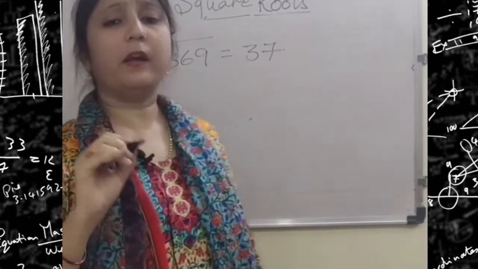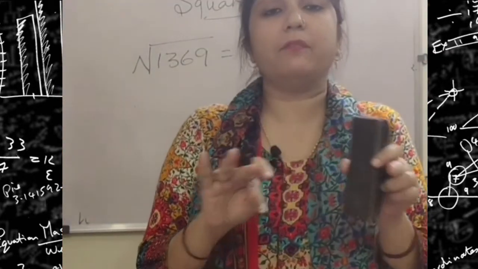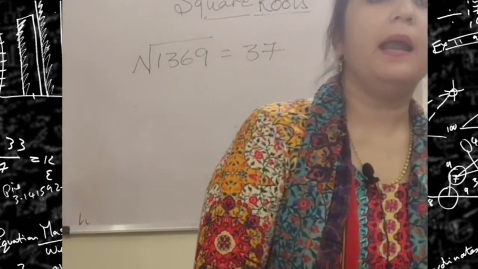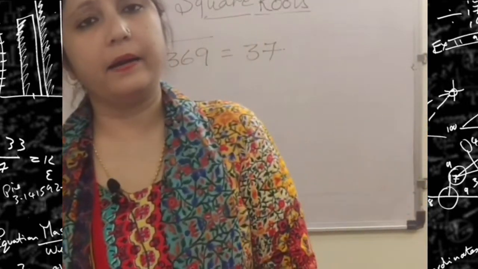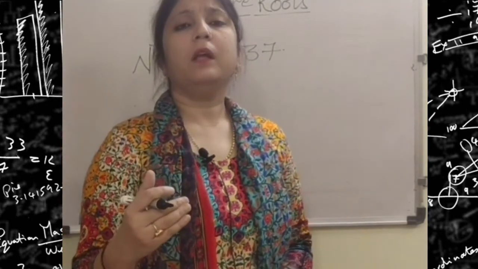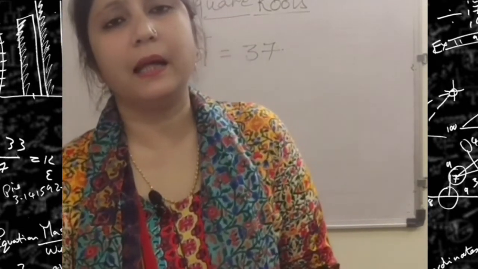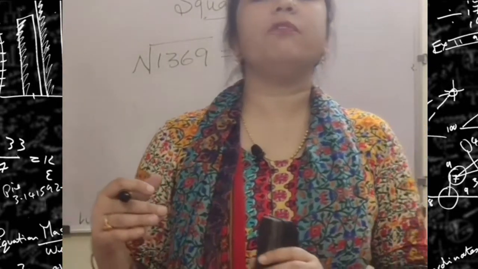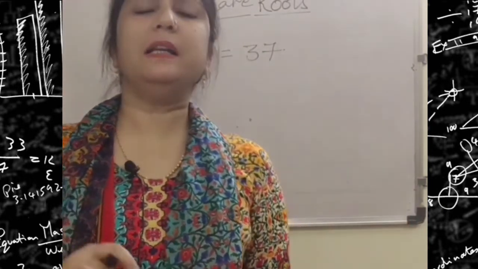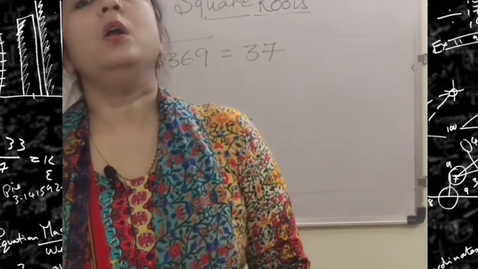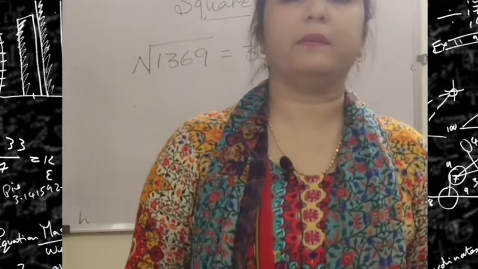Now you must have noticed there is very big difference between the working of what should be subtracted and what should be added. Children, you will be facing questions where you will get the language, what would be the greatest number of 5 digit or least number of 4 digit and so on, which are the perfect squares.